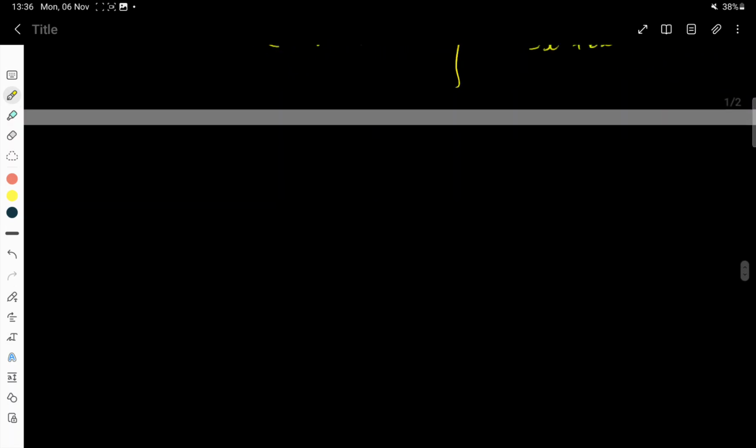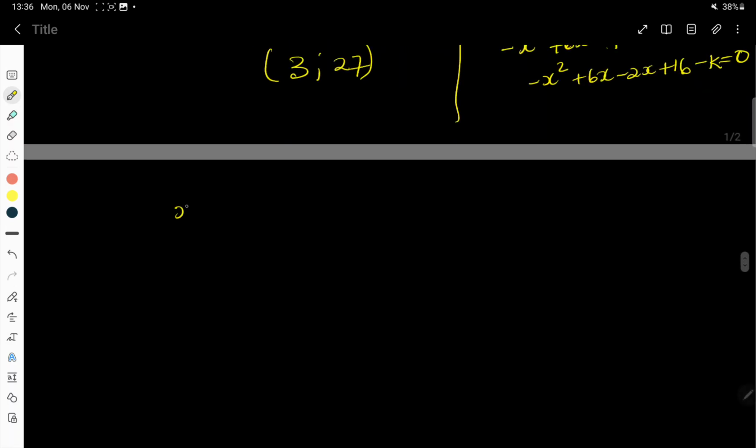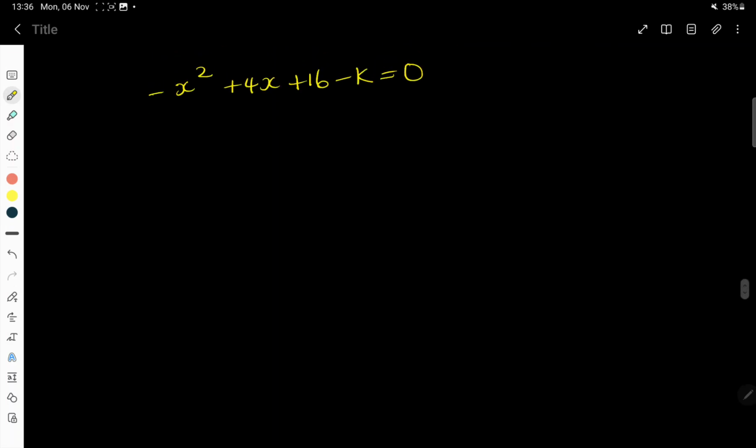So it's going to be negative x squared plus 4x plus 16 minus k is equal to 0. Then I'm changing the signs. x squared minus 4x minus 16 plus k is equal to 0.